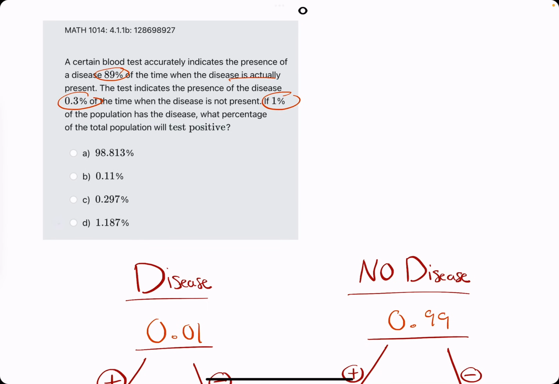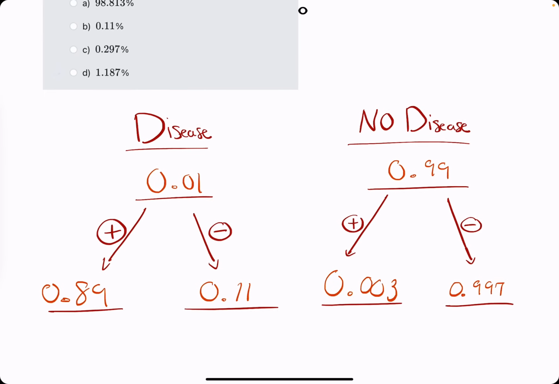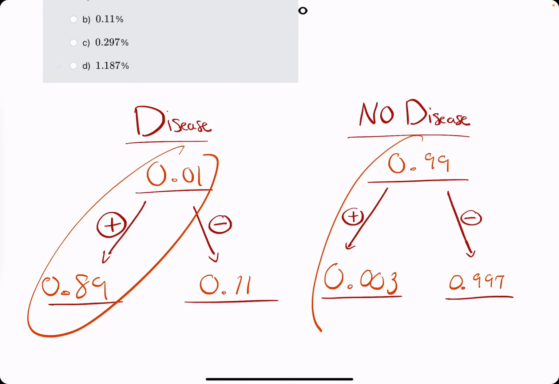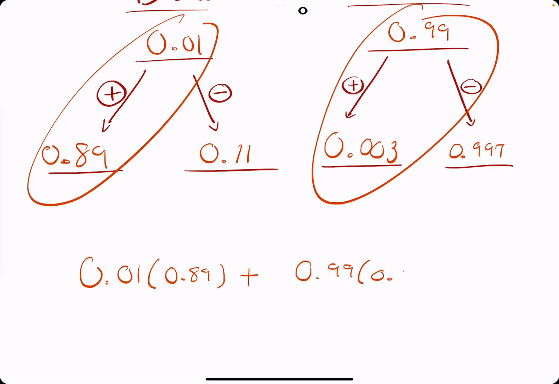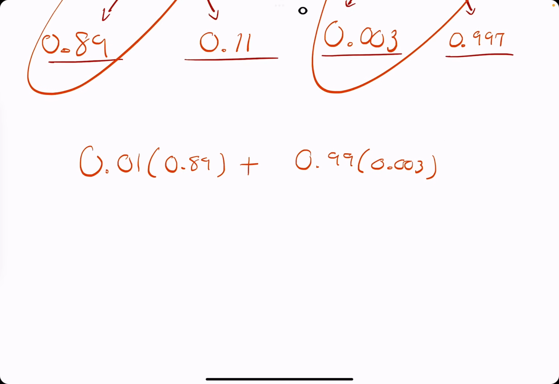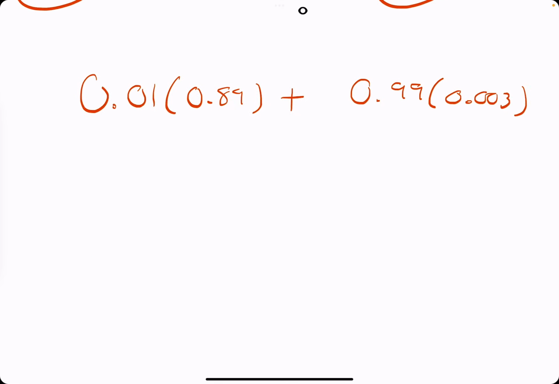So after filling in all this, they ask, what percentage will test positive? So we want to follow the positive paths here. We're going to multiply 0.01 by 0.89 and add that to 0.99 times 0.003. Let's break out Siri or any calculator you have.